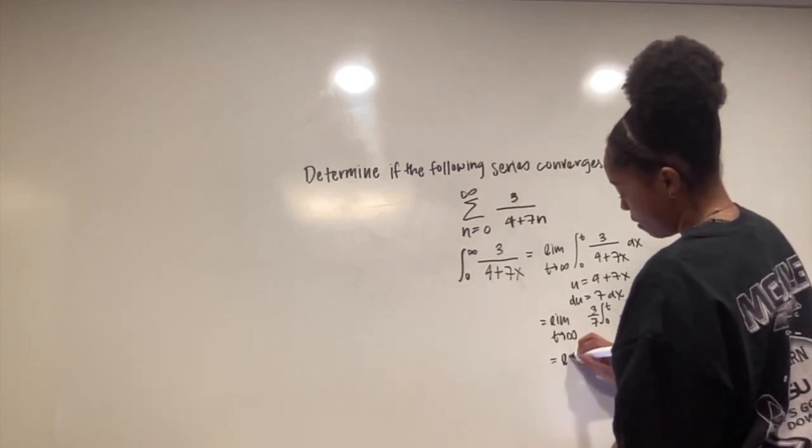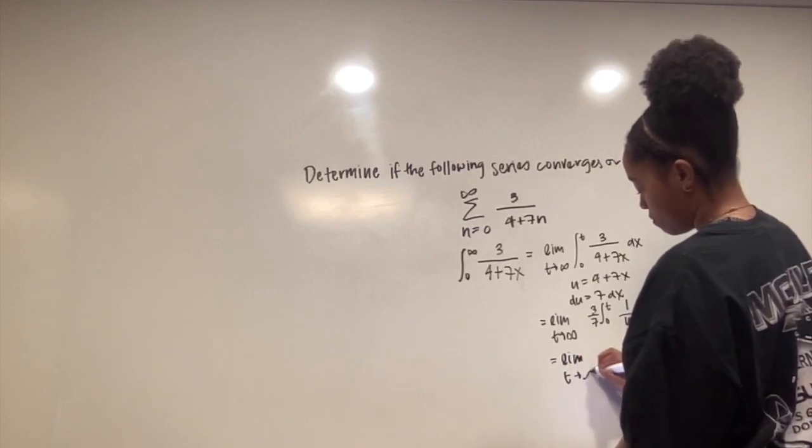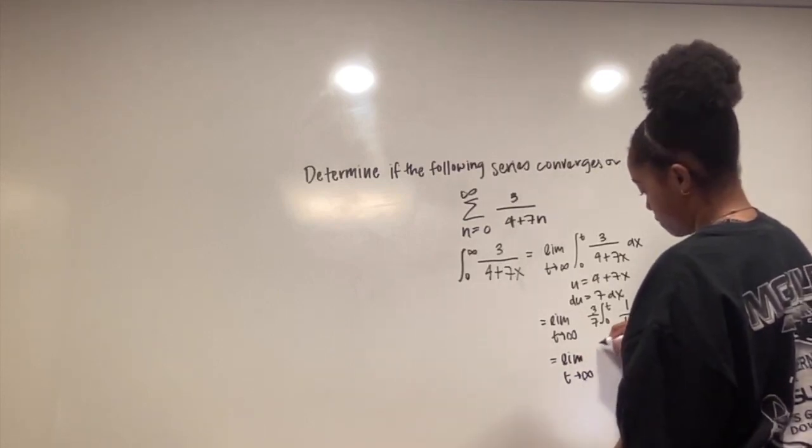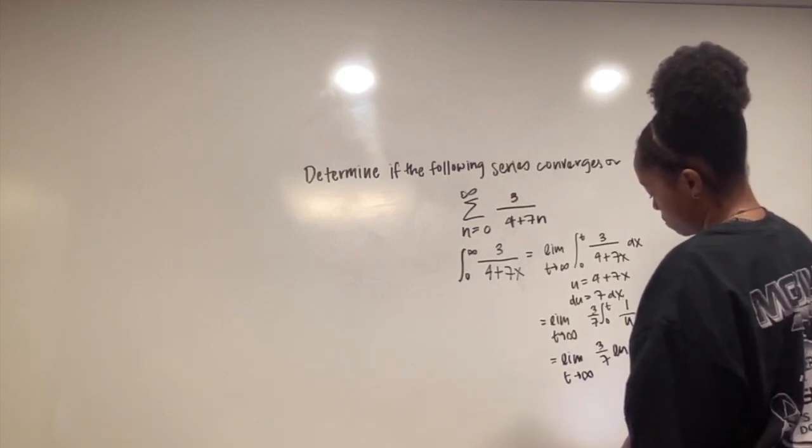And then we will have our limit from t to infinity of 3 over 7 times ln of u.